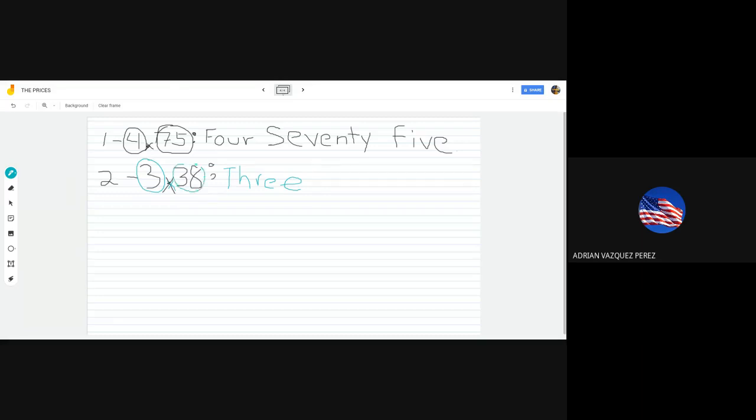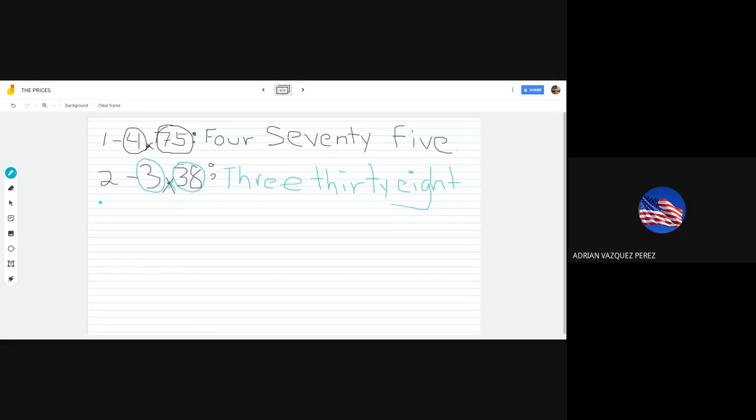Enseguida estos dos números juntos. 38. Remember, this is the way we need to write it down. 338 is the right price.